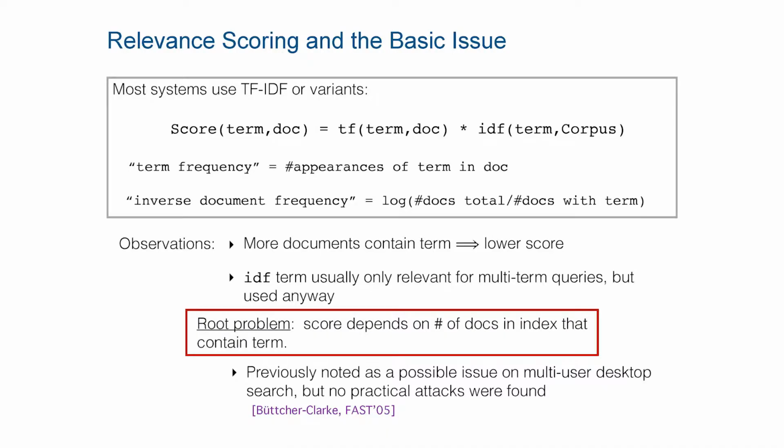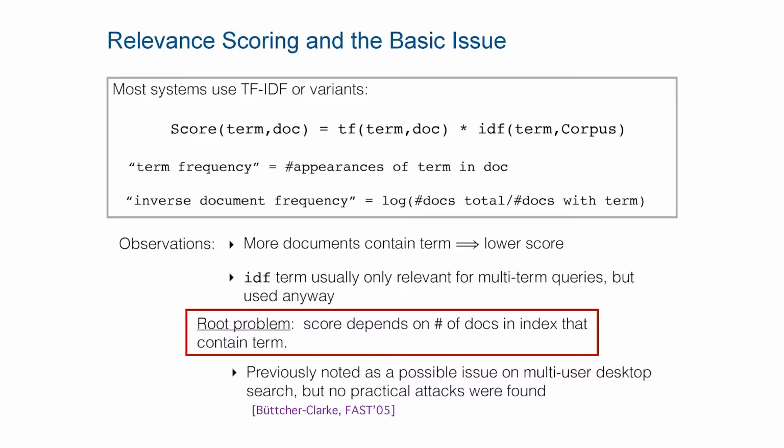The story is that I work in cryptography mostly, and I've been interested in encrypted search. So I was learning about how plain text search works, and I realized the plain text stuff wasn't even properly designed. When we looked into this, we realized this might be a problem. We dug into the literature. There's a paper at FAST in 2005 that made this observation.